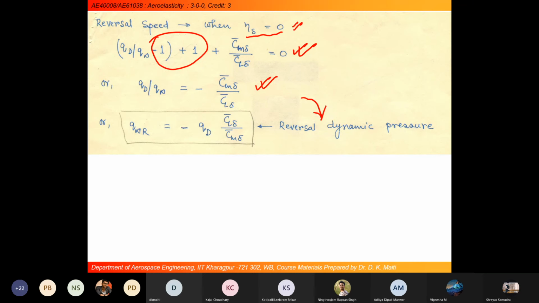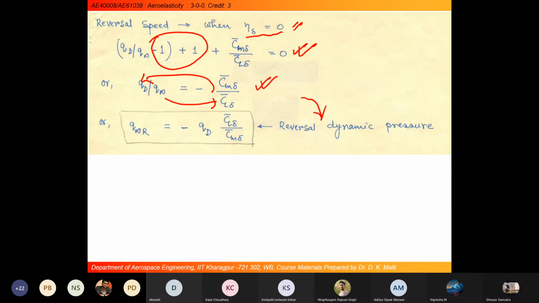I'll be rearranging this basically, Q infinity, taking this in this direction and taking the whole thing here. So Q infinity reversal will be minus Qd Cl delta bar by Cm delta bar.